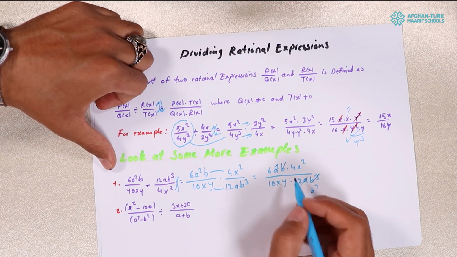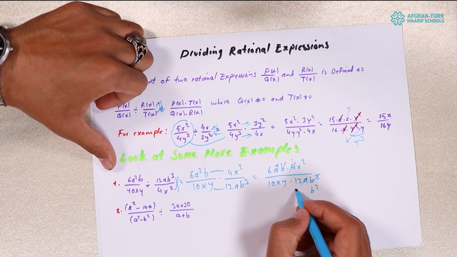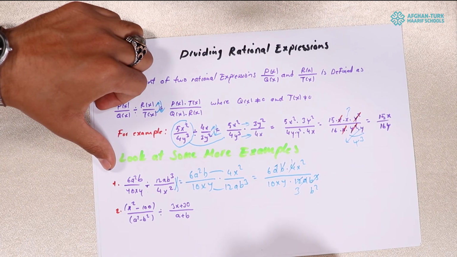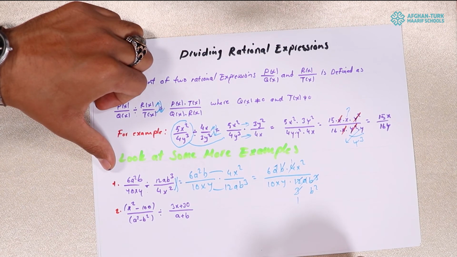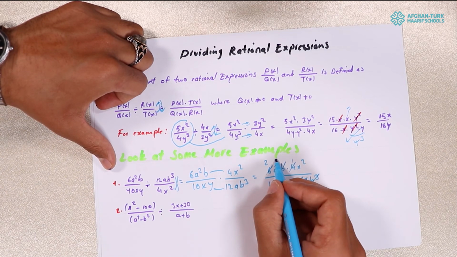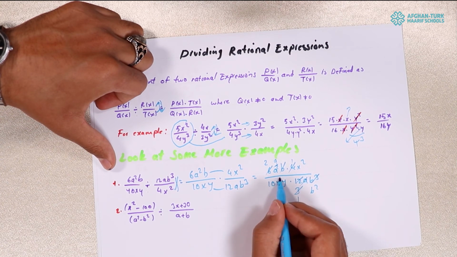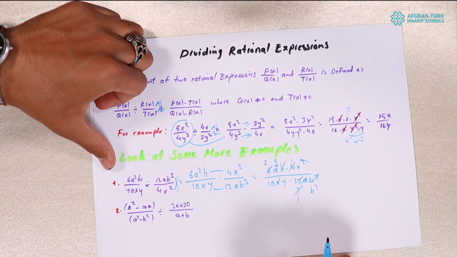Okay, 4. Look, 1 times 4, 4. 3 times 4, 12. Am I right? 1 times 3, 3. 2 times 3, 6. Am I right? Okay, we have a here. B went with this b. So we have 1x here and 1x here.